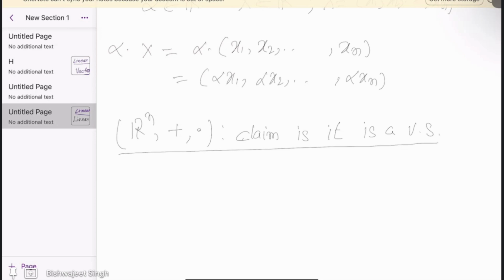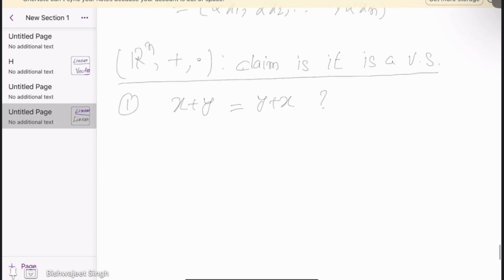So what is the first property? The first property says that x plus y should be equal to y plus x. We are going to check whether it is happening or not.